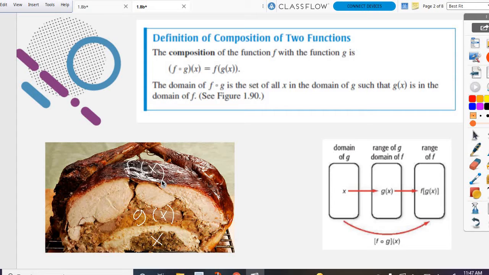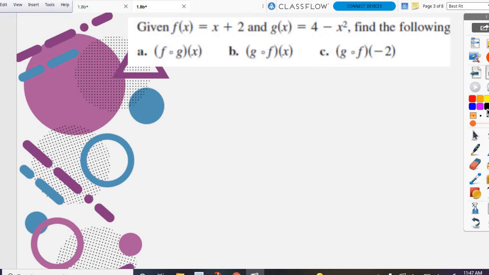So let's look at some examples. Our first example gives us f of x equals x plus 2 and g of x equals 4 minus x squared. It says find the following. Our first one is f composite g.